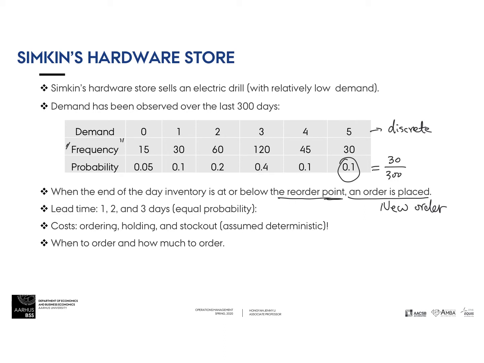Lead time can be 1 day, 2 days, or 3 days with equal probability, so 1/3, 1/3, 1/3. So this is again a discrete distribution.